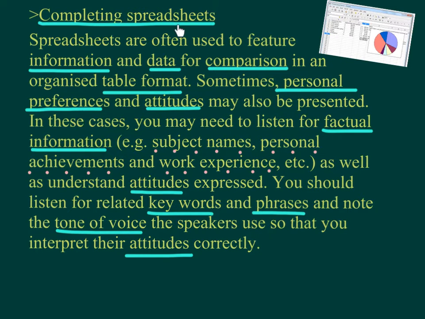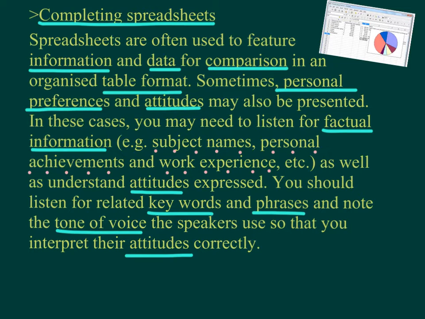Completing spreadsheets. Spreadsheets are often used to feature information and data for comparison in an organized table format. Sometimes personal preferences and attitudes may also be presented.